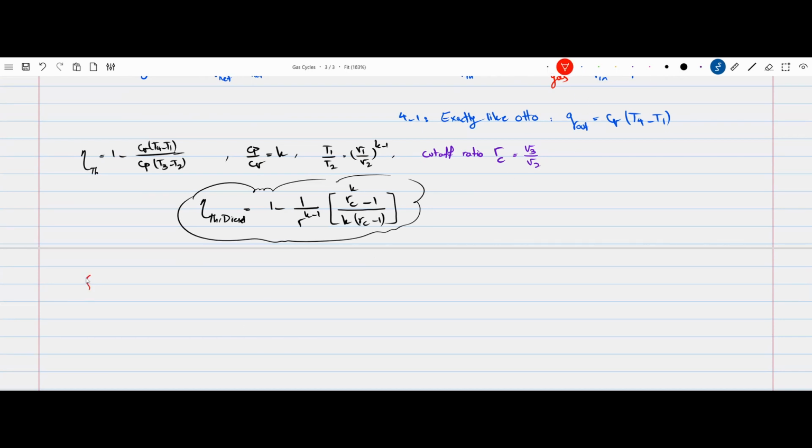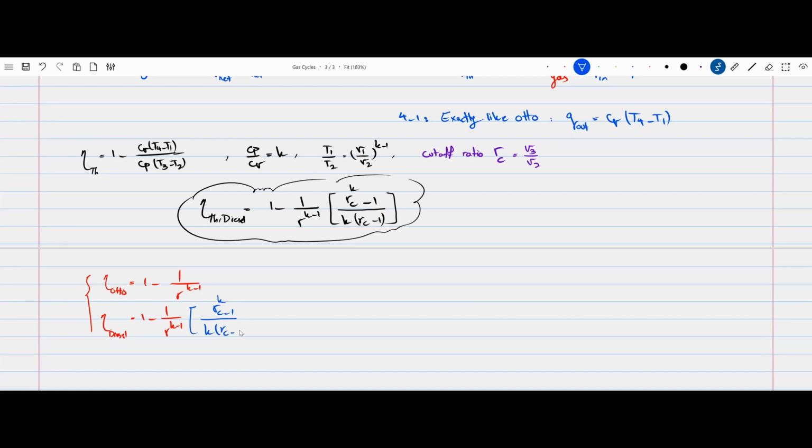I'm going to compare them here on this page. So for Otto, efficiency is 1 minus 1 over r raised to k minus 1. For diesel, it is 1 minus 1 over r raised to k minus 1 times something.